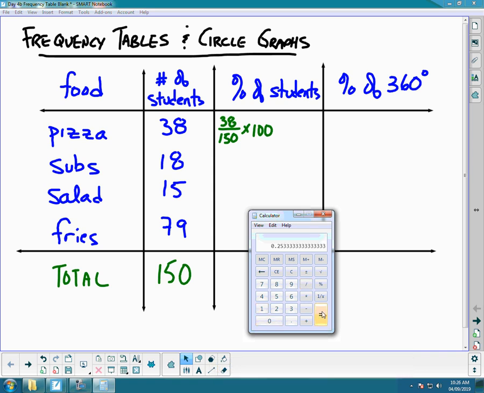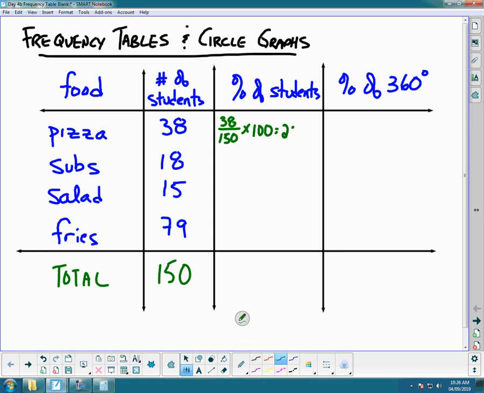You should be able to look at the decimal and know what that percent is, but of course if we multiply it by 100, it will put it into the percent, and we have that it's 25.3% chose pizza, so about a quarter of them.